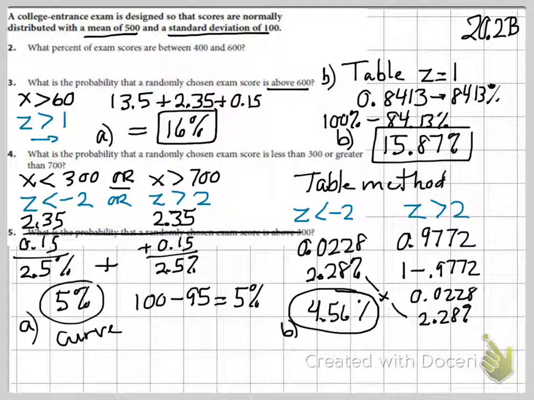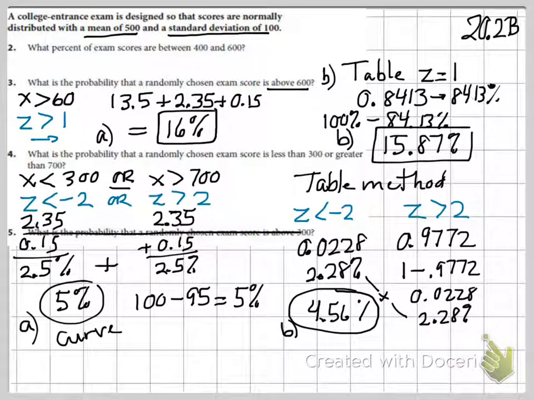As you work through the rest of this assignment, I want you to make sure you're thinking about showing each problem two ways, once using the curve, once using the table. If the answers are turning out to be not very close to each other, it probably means you should have done a 1 minus in there somewhere. Or some people prefer to change this to a percent first and do 100% minus 97.72%.